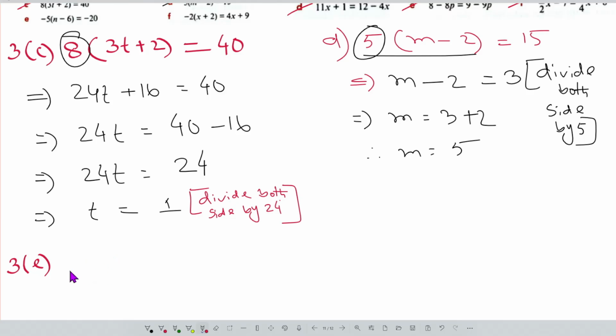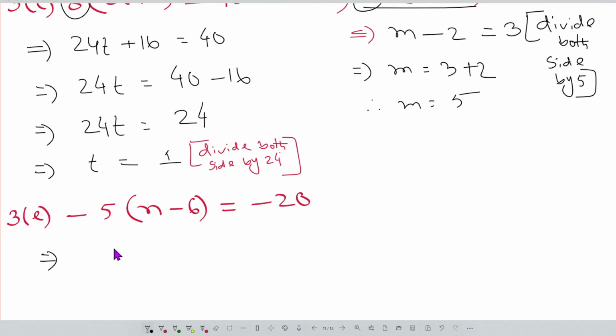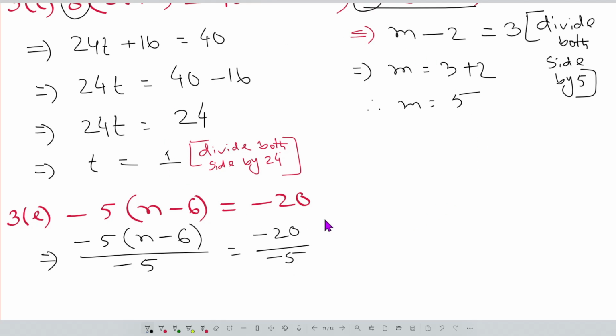3E, minus 5 times (n minus 6) equals minus 20. So first we can divide both sides by minus 5. It means minus 5 times (n minus 6) divided by minus 5 equals minus 20 divided by minus 5. In each example I am trying to show you a different way, so you can choose which one is comfortable for you.